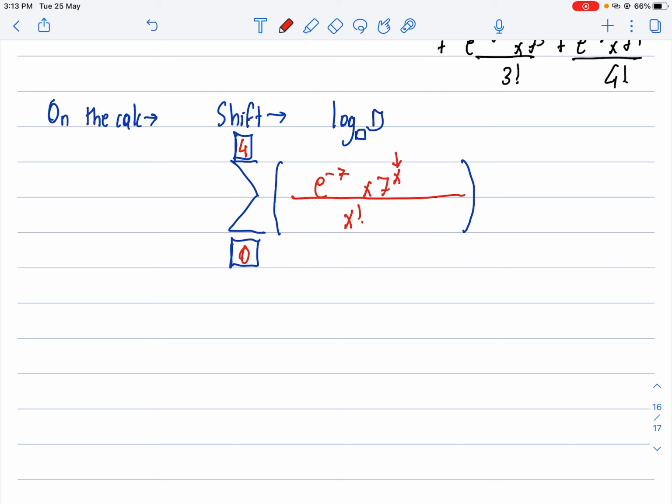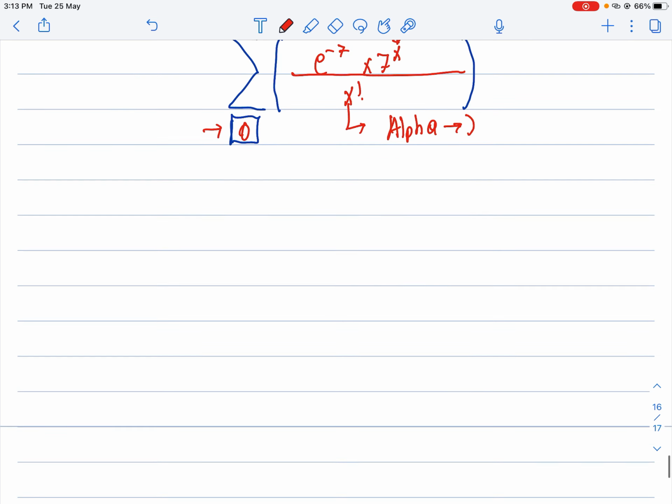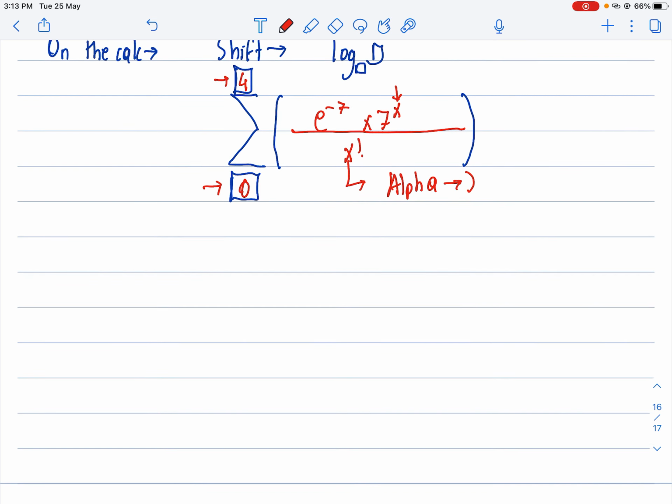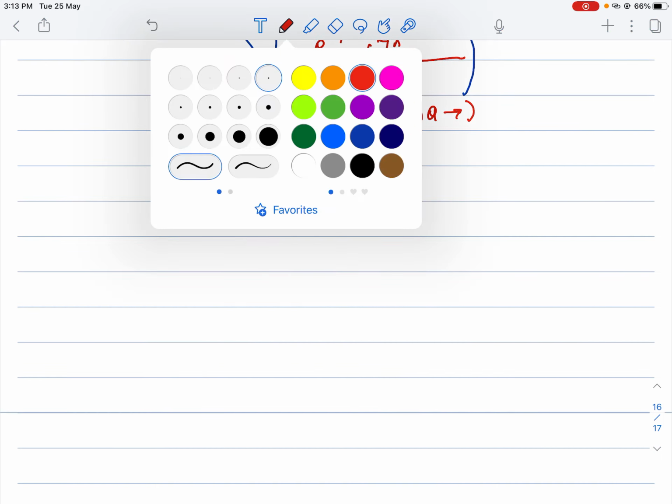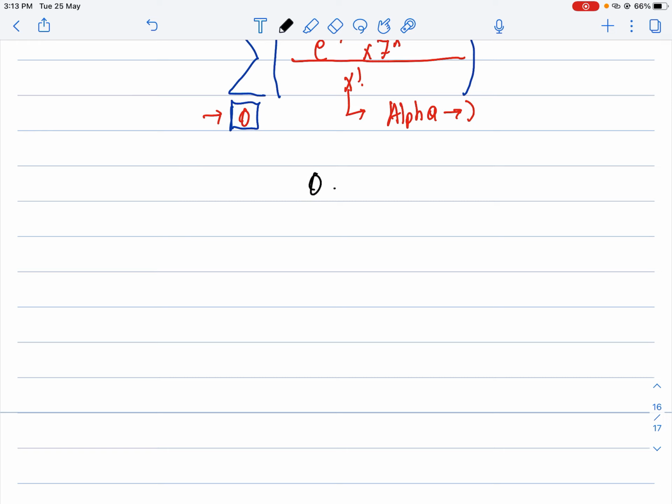X takes all the values from 0 to 4 inclusive. To write an x, you can click on alpha and the closing button. When you type this on the Calci, you simply get 0.173.